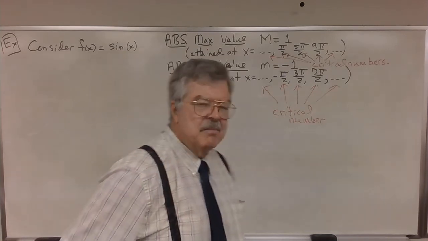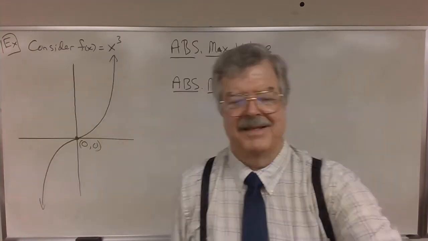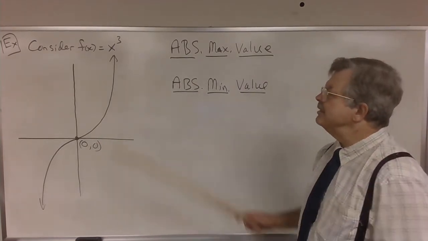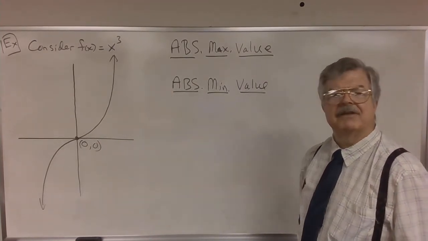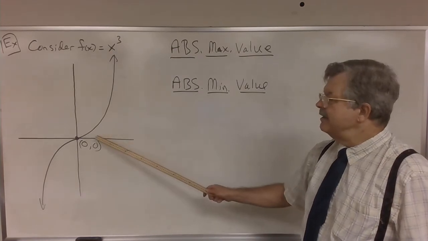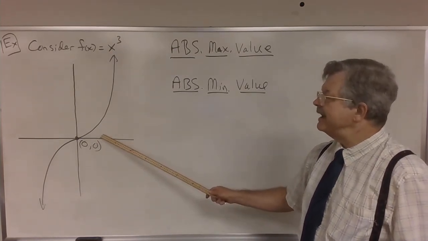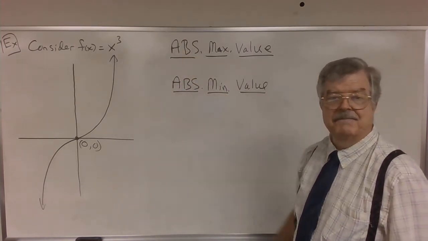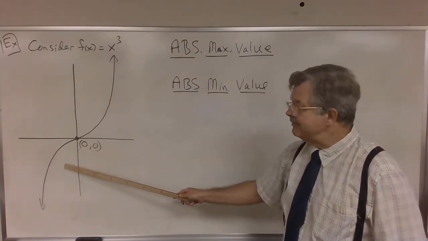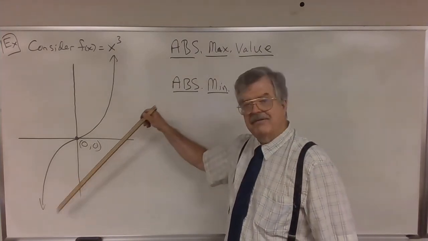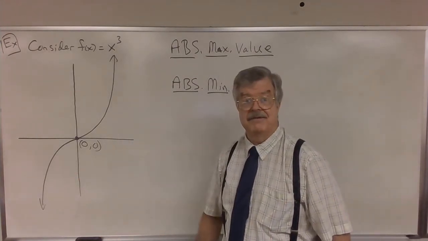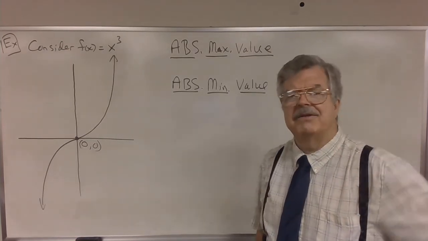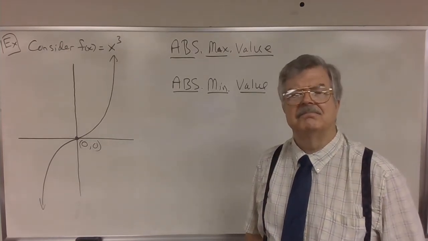Let's look at one more example. This is a good example. F of x equals x cubed. And notice for positive values of x, this graph takes off and goes to infinity. For negative values of x, again, this graph takes off and goes to negative infinity. So is there a largest value that this function attains?